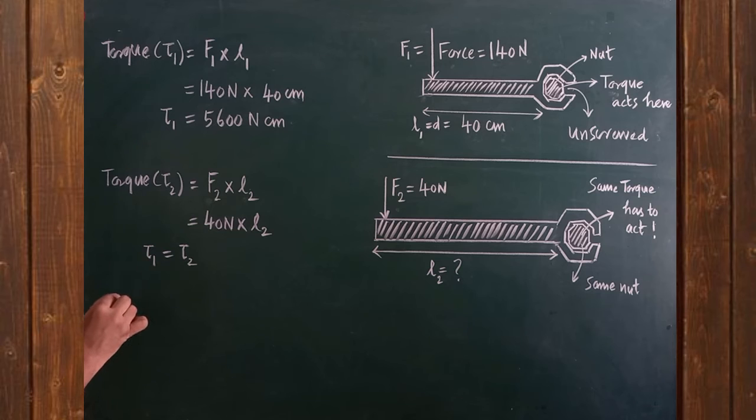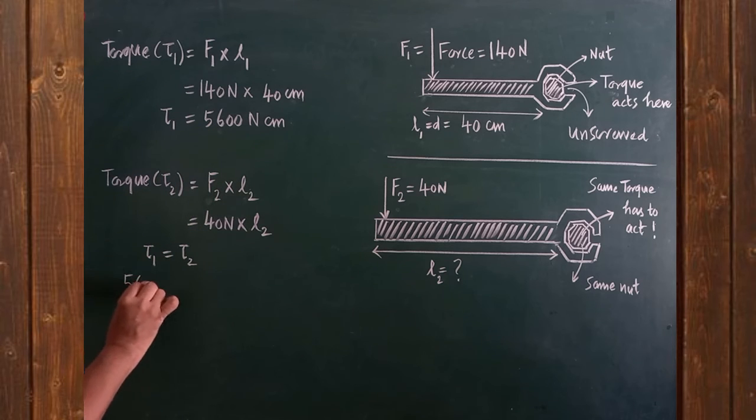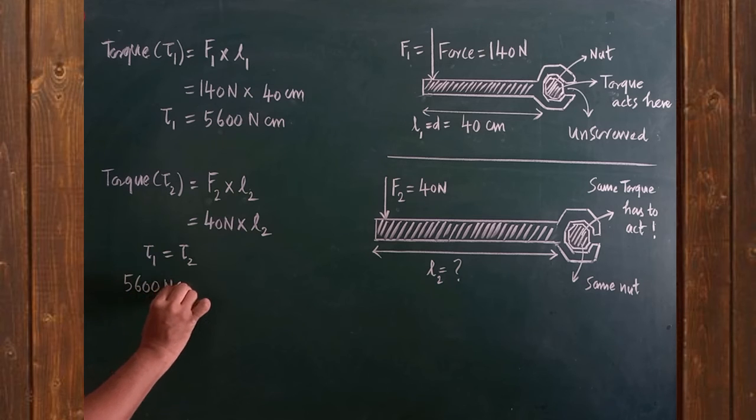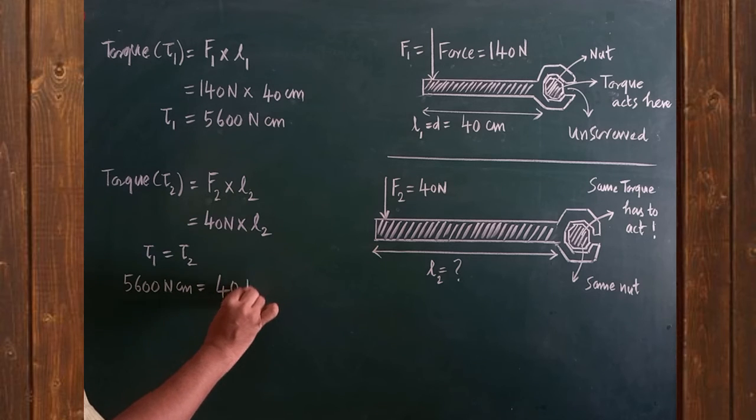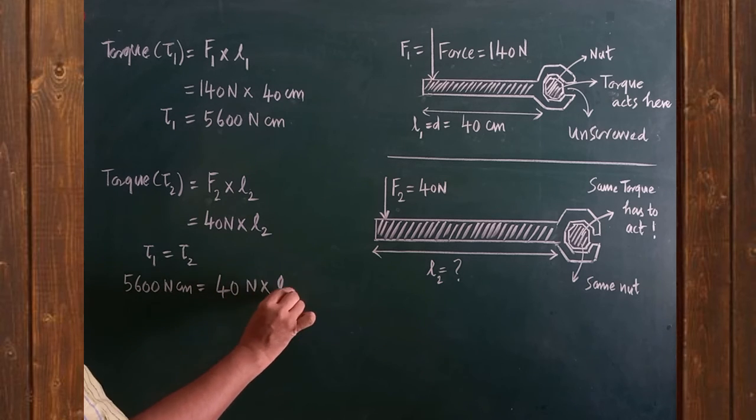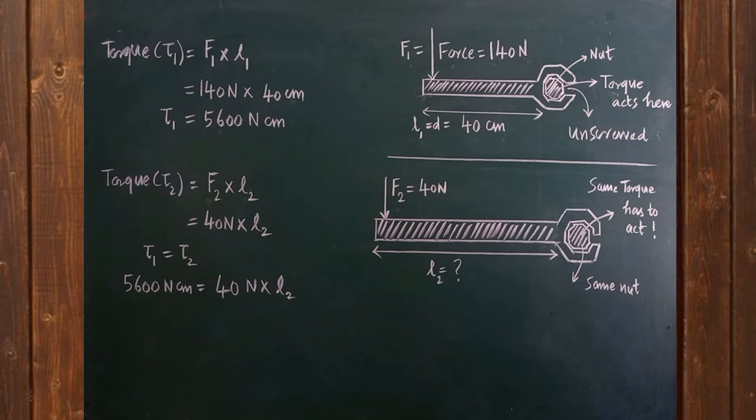Substitute the values now. τ1 is 5600 Newton centimeter, which is equal to τ2, equal to 40 Newton into L2. L2 is unknown. Therefore, L2 is equal to 5600 Newton centimeter divided by 40 Newton.